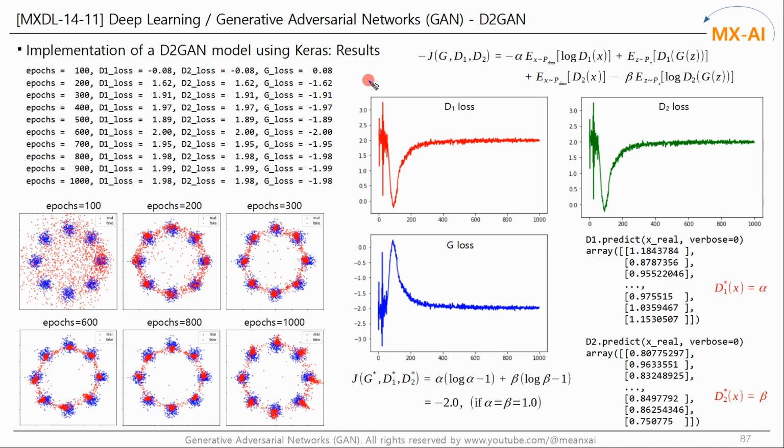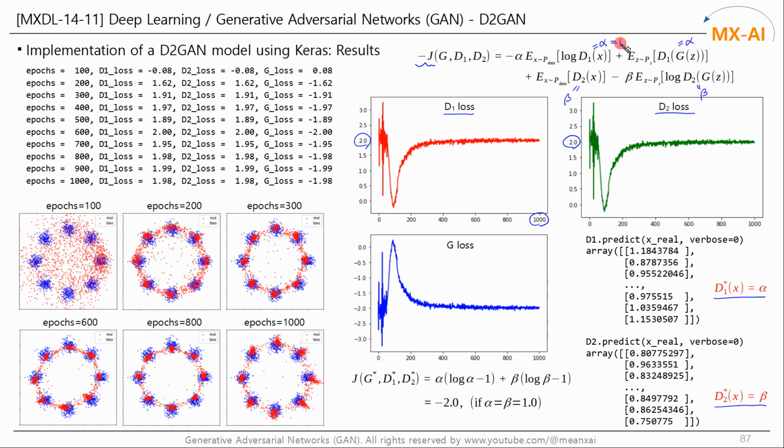Let's check the results. The losses of discriminators D1 and D2 measured during training are as follows. After 1,000 iterations, both losses converge to almost 2. Recall that we used -J to train D1 and D2. According to Theorem 2 discussed previously, after training D2GAN, the output of D1 becomes alpha, and the output of D2 becomes beta.